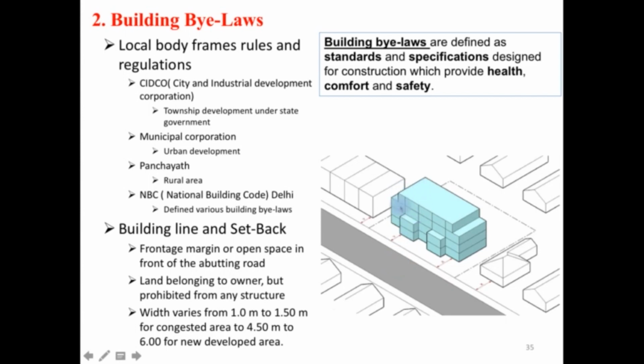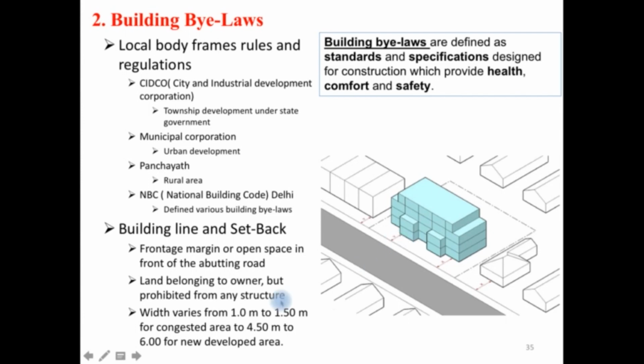If I think this is all my plot and I am going to cover the entire plot with the building, that is not allowed by the building bylaws. This is called the setback: how far the building should be from the boundary line. That is also not the same for all regions.